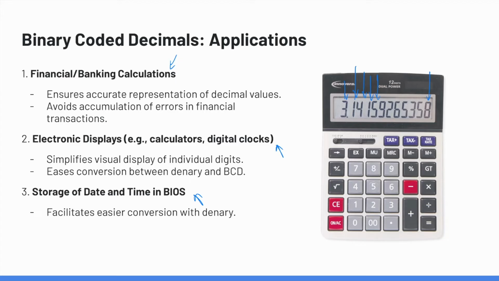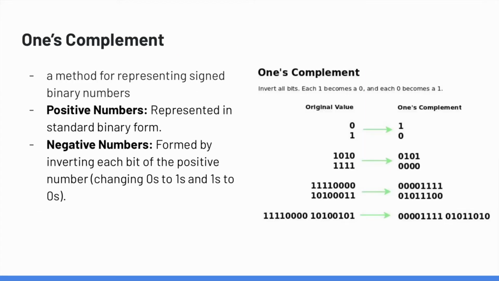And oftentimes, the storage of date and time in the BIOS is done using binary coded decimals. So financial banking calculations, electronic displays, and storage of date and time in BIOS are 3 applications of binary coded decimals.